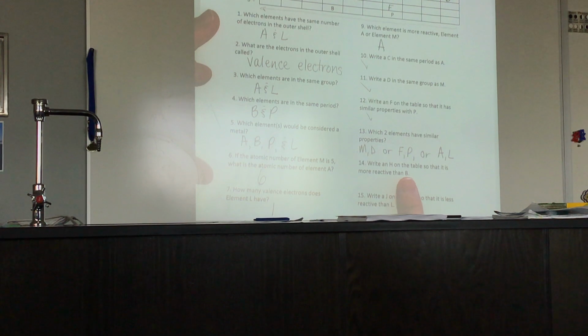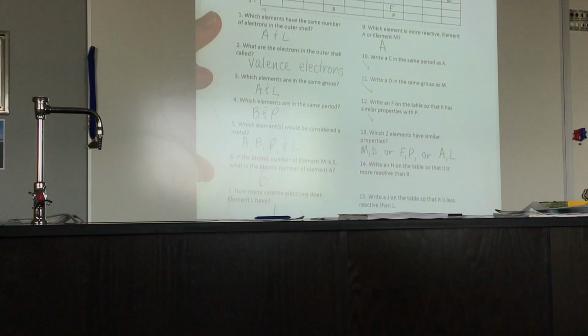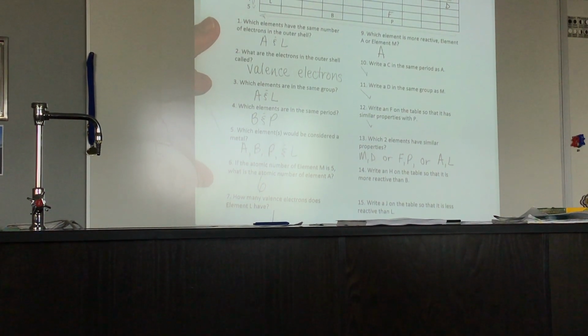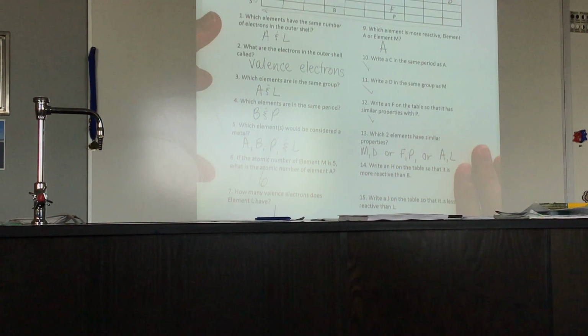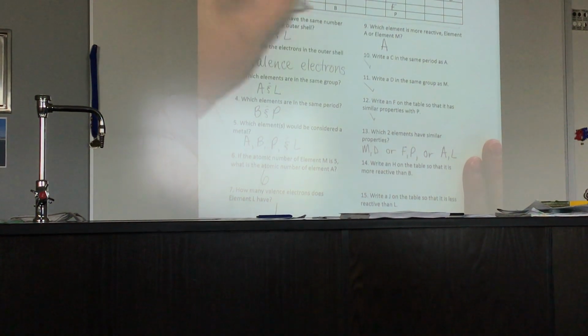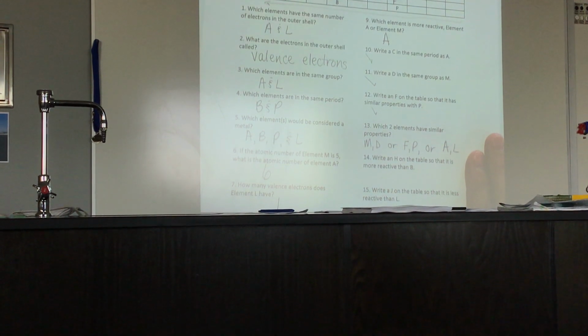14 says to write the H on the table so that it is more reactive than B. So how am I going to make H more reactive than B? Hayden? There's a spot on the most left and lower spot, the bottom most left one. This is the most reactive element, so I can put it here.